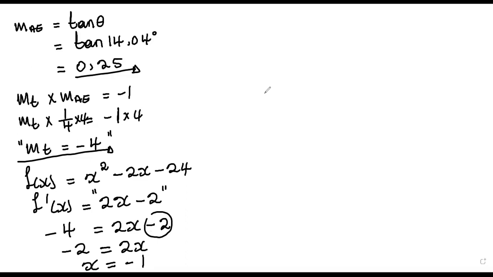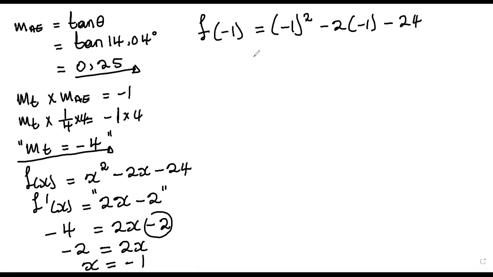Now that we know the x-coordinate of the point, we just need to find the y-coordinate. How do we find it? We substitute into the original function, so where I see x, I put -1, minus 24.